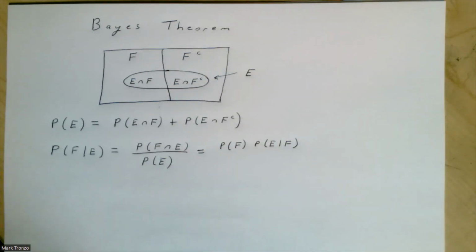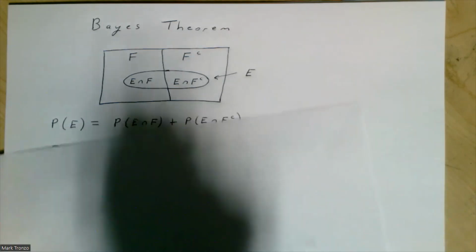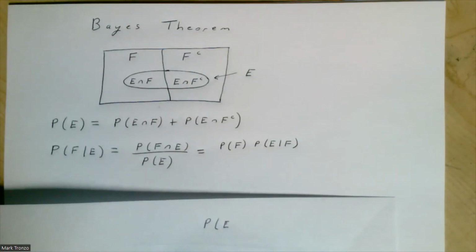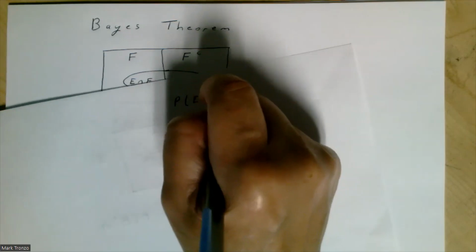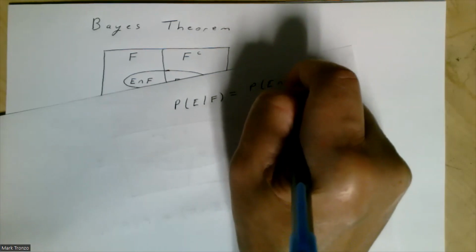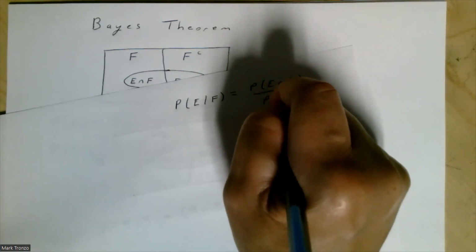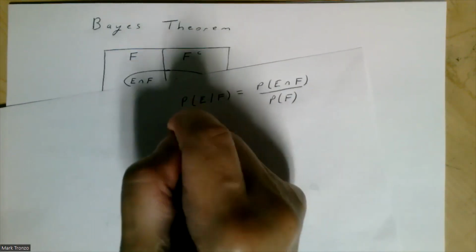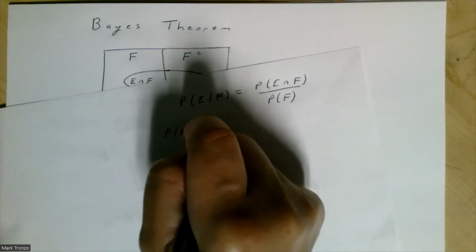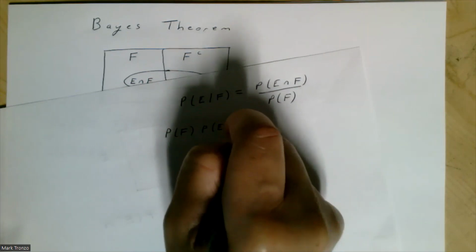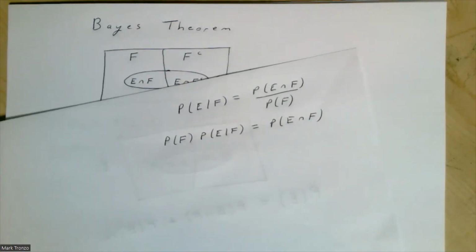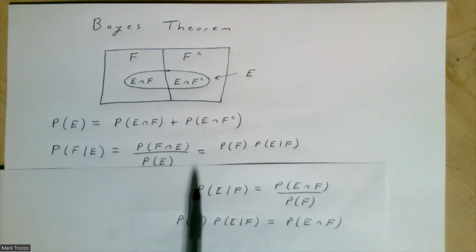And of course, you remember why that's true, so let me just put it on the side here. Remember, the probability of E given F is equal to the probability of E intersection F divided by the probability of F. And so if we multiply this out, the probability of F times the probability of E given F is equal to the probability of E intersection F. And so that's what I did here.